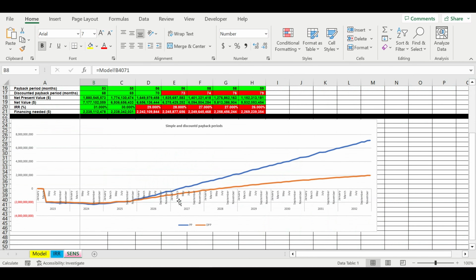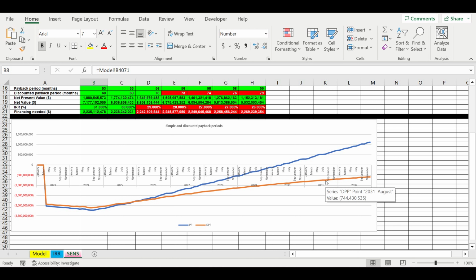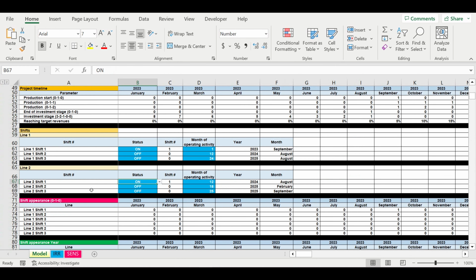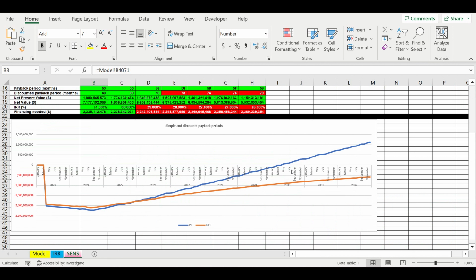So to have our discounted payback period inside the timeline, we need to adjust our pricing or introduce another shift. Or, for example, if we just use one line and one shift, we can do this scenario.